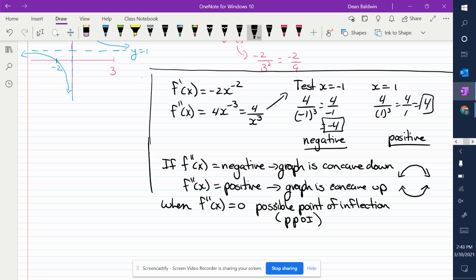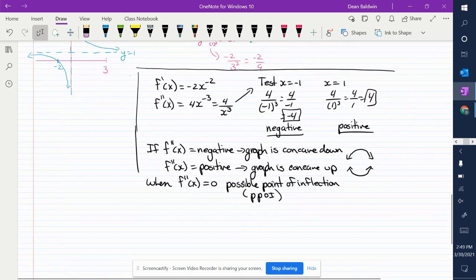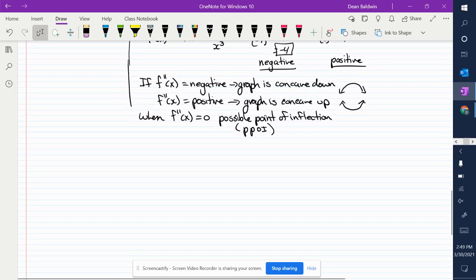All right, we're going to practice this again. So here's our function.